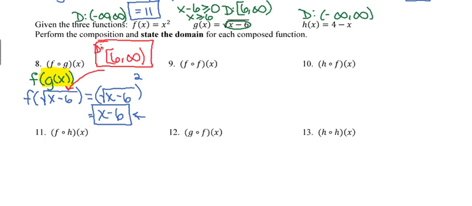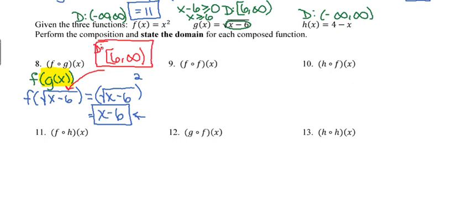When we're doing these, we have to be really careful to consider both the domain of the function that we're inputting as well as the domain of what comes out, that composed function. These are definitely tricky. If you have questions about them, please ask when I come back. These are going to take us a while. Domain is by no stretch of the imagination easy or for the faint of heart.